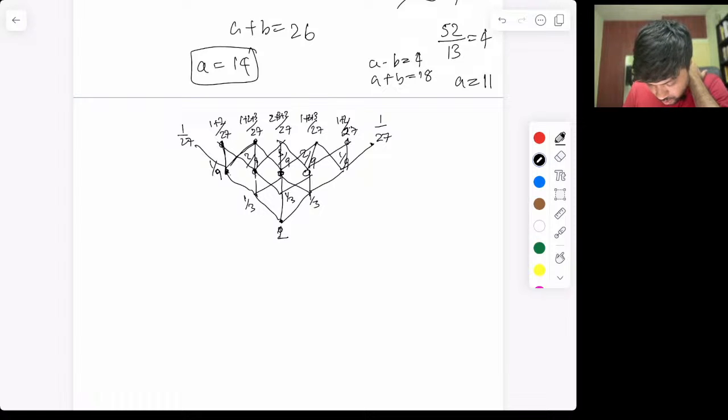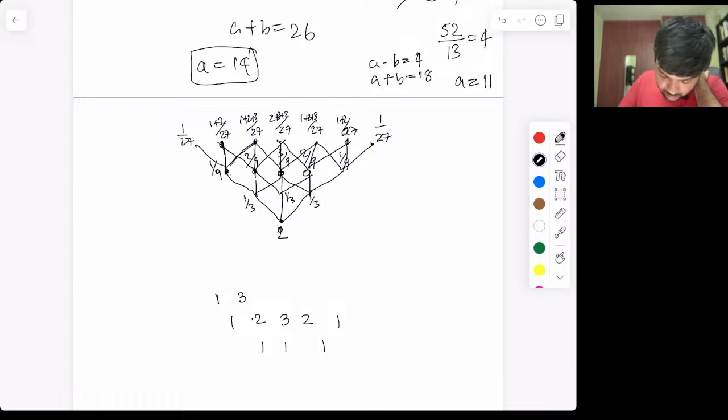It's like 1, 1, 1, 1, 2, 3, 2, 1, and 1, 3.